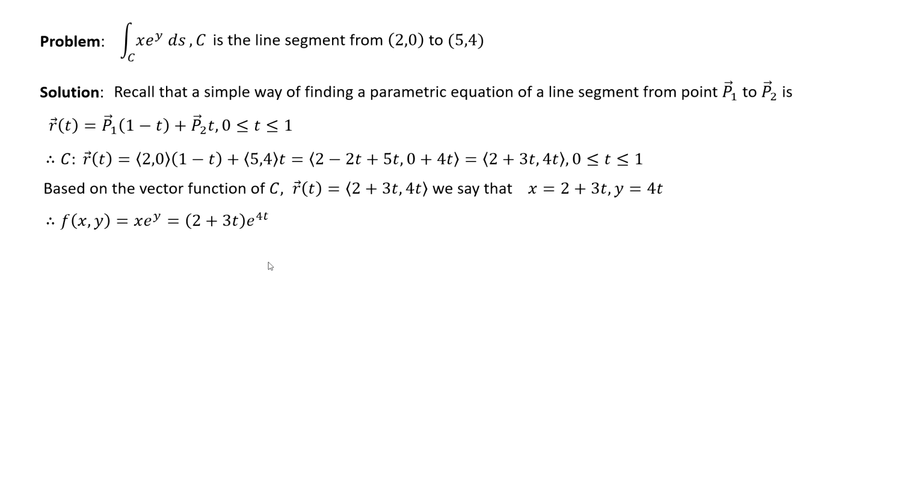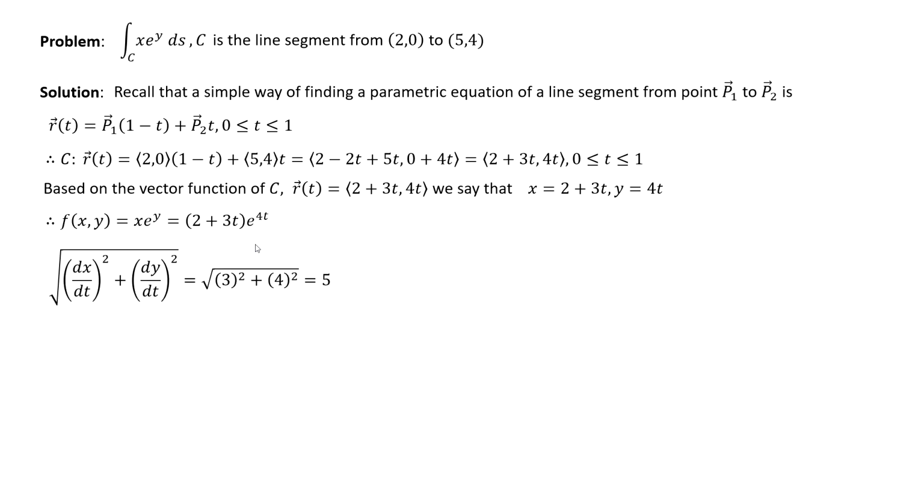What is f of 3? You plug a value of 3 wherever you see x. It's kind of like that. So f of x comma y, you plug 2 plus 3t for x and 4t for y. So f of xy now has been expressed as a function of t.